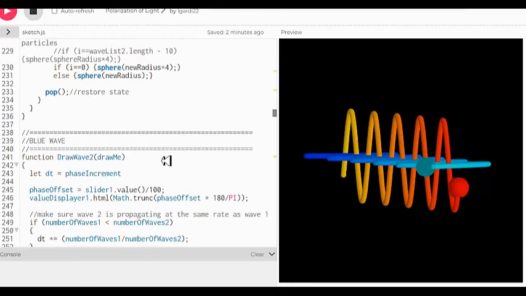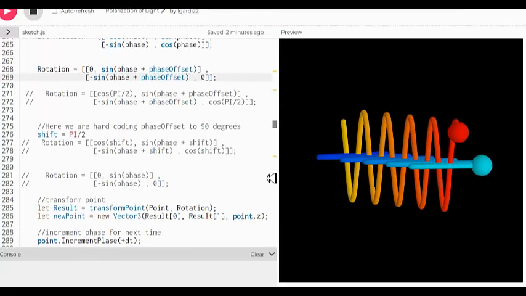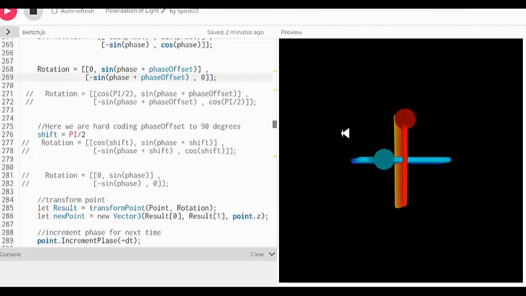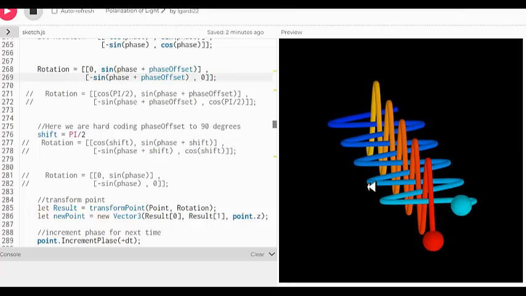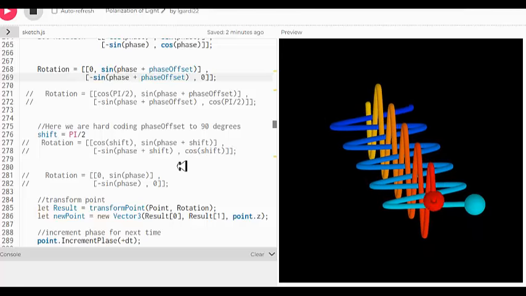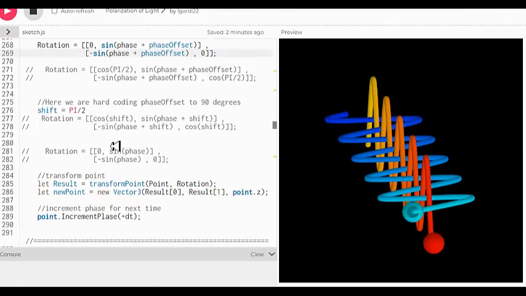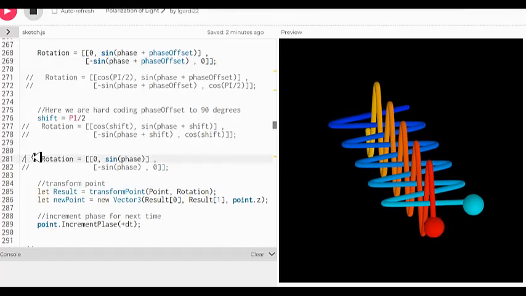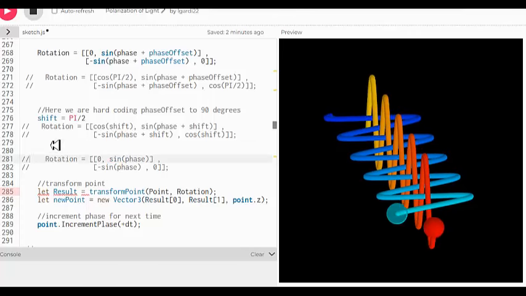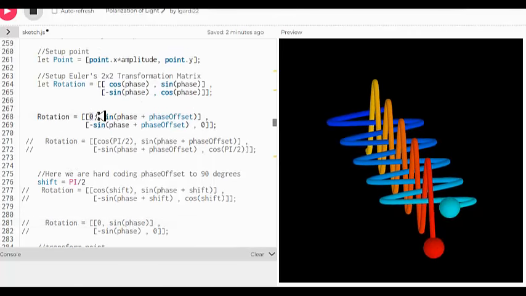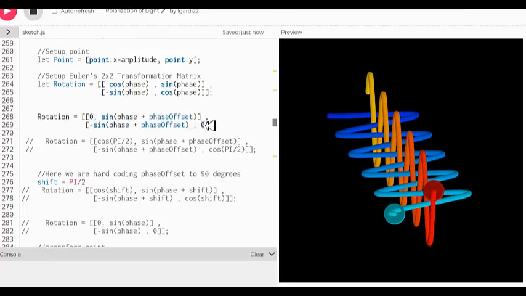And then you will also see that in order to get the horizontally polarized magneto component of the electromagnetic wave, I had to set the cosine equal to 0. Okay, so basically we had to set the cosine, the forward diagonal here and here, equal to 0.